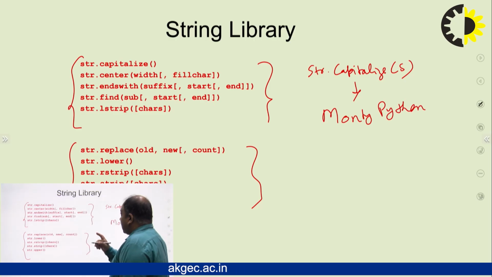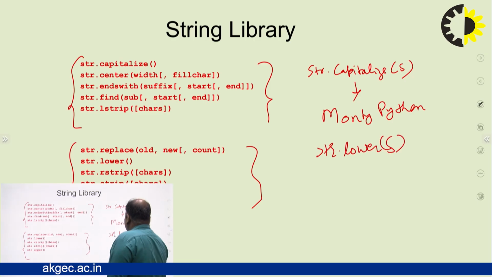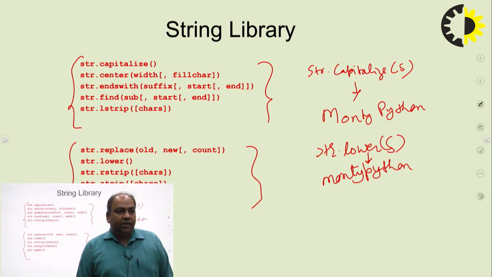But if we use upper or lower, so str dot lower s is converting all the alphabets into lower case. So str dot lower s will represent the output Monty Python in small characters.